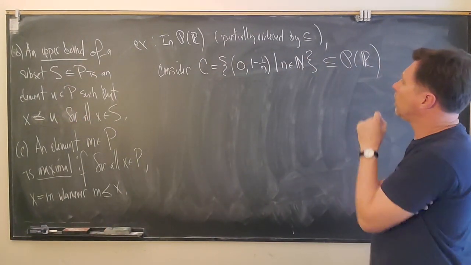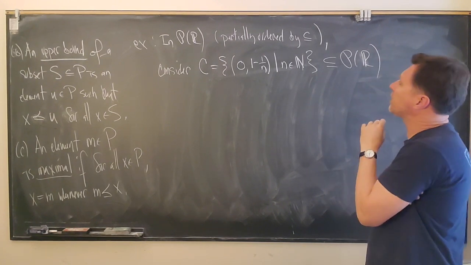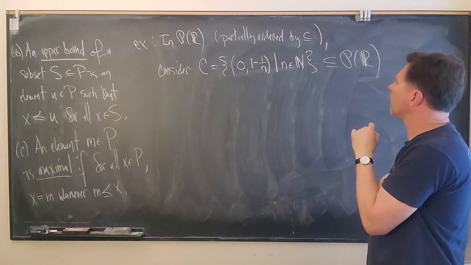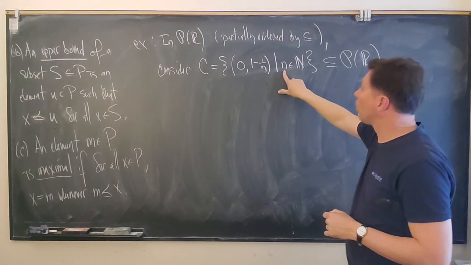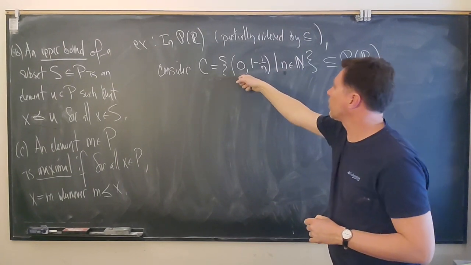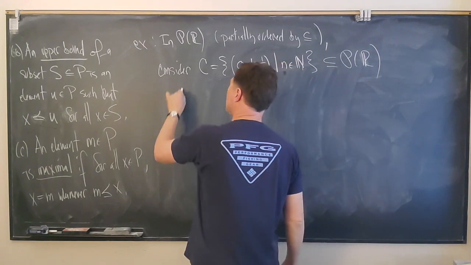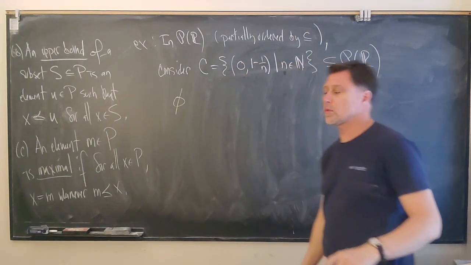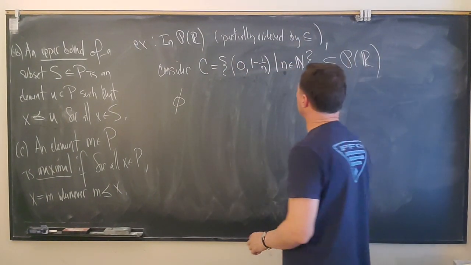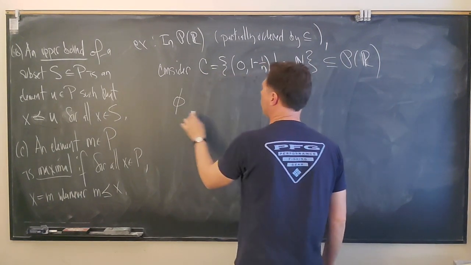So now, let's think about what this looks like. What does C look like? Well, when n equals 1, we'll have 0, comma 0, the open interval from 0 to 0, that's the empty set. When n equals 2, we'll have 0, comma 1/2.